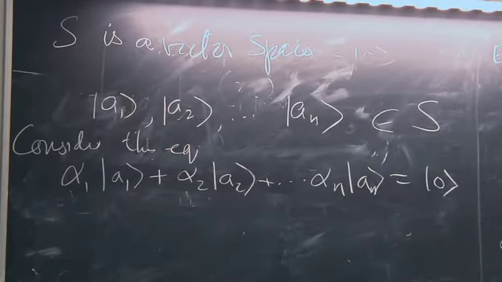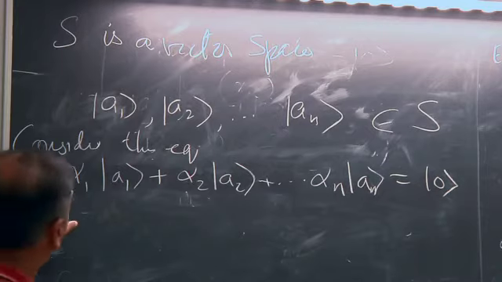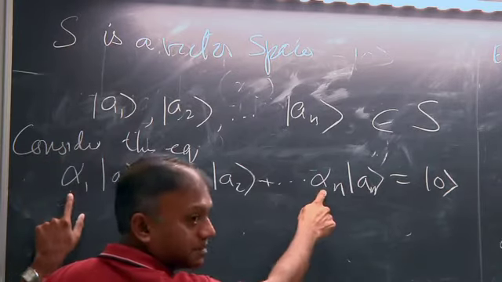In this equation, I want to solve for the unknown quantities alpha 1, alpha 2, all these numbers.